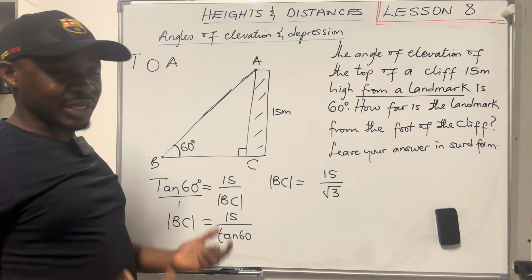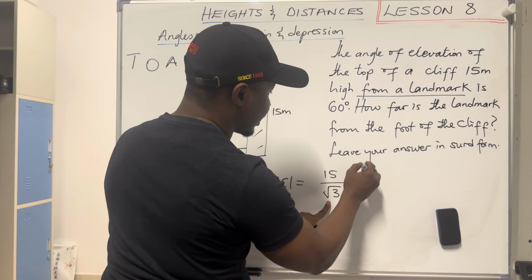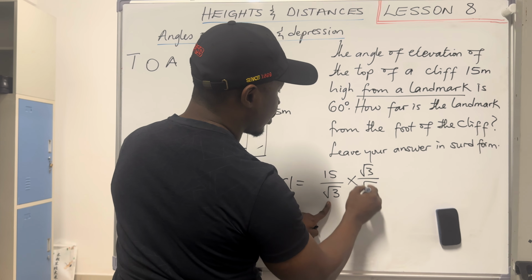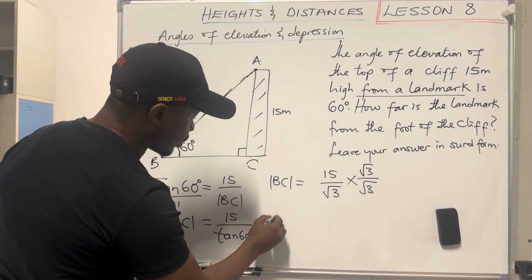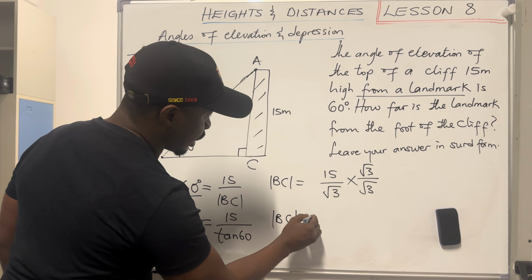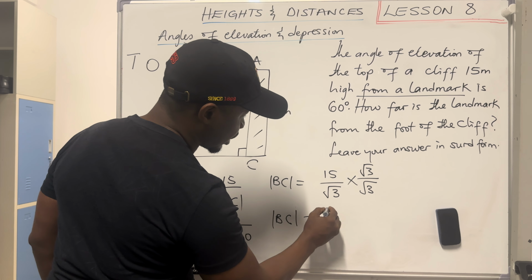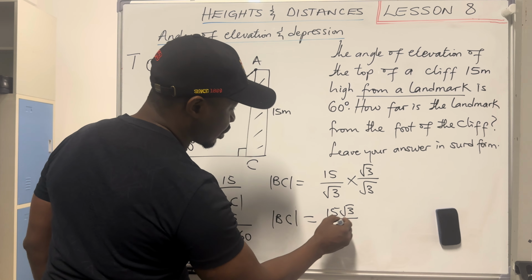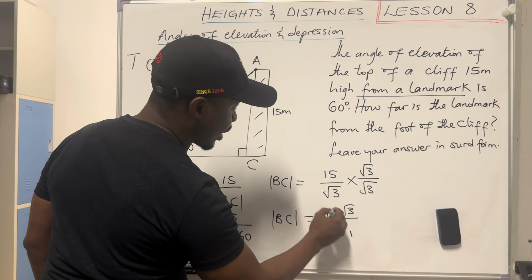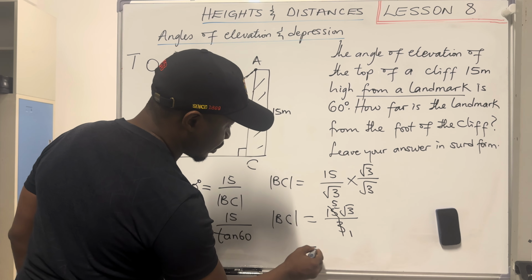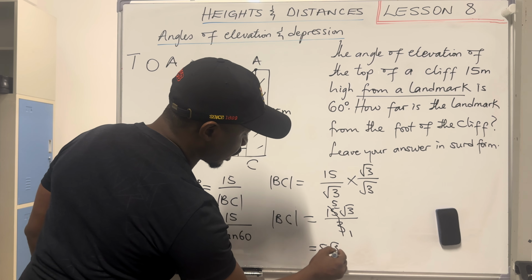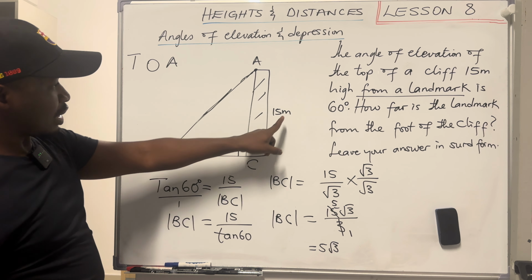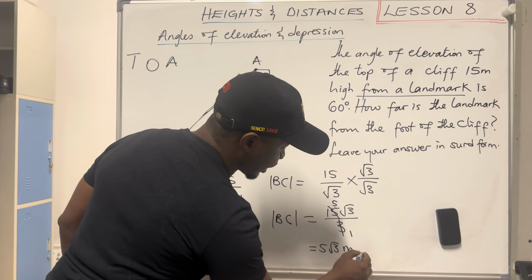If you want, you can rationalize it by multiplying by root 3 over root 3. So BC is 15 root 3 over root 3 times root 3, which is 3. Into itself 1, into 15 is 5. So 5 root 3. Do not forget the unit of measurement, meters.